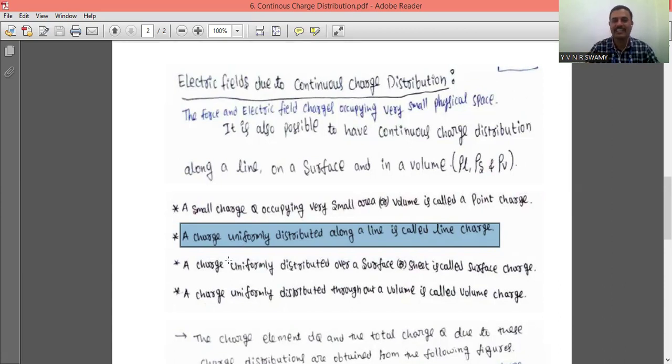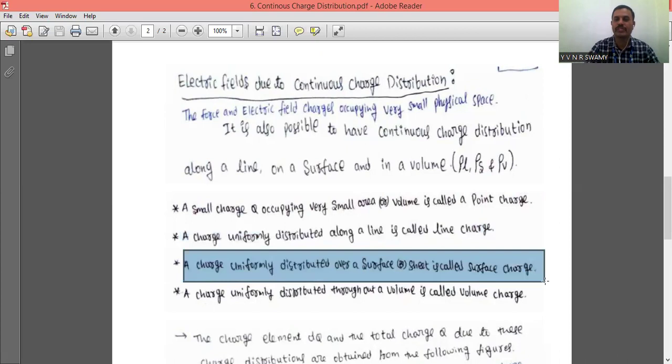In the same fashion, a charge uniformly distributed over a surface or a sheet is called surface charge. What is volume charge?